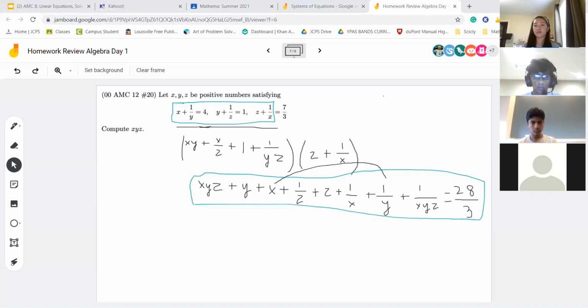So I can literally just get rid of these two here. And then I see z plus 1 over x. That's also in the problem, equal to 7/3. And then y plus 1 over z, that's also in the problem, and that's equal to 1. So 1 plus 4 plus, what is it?